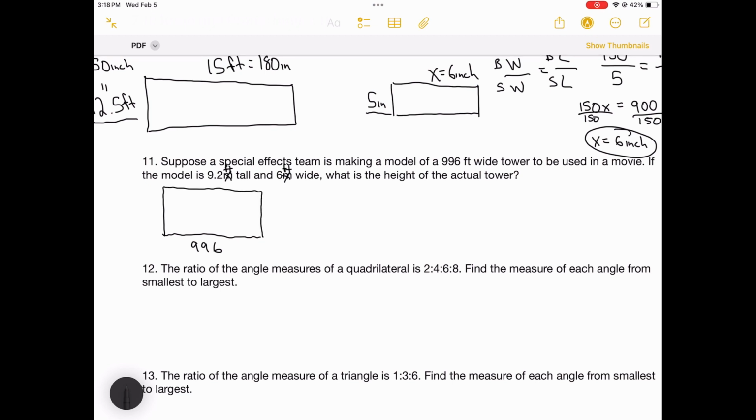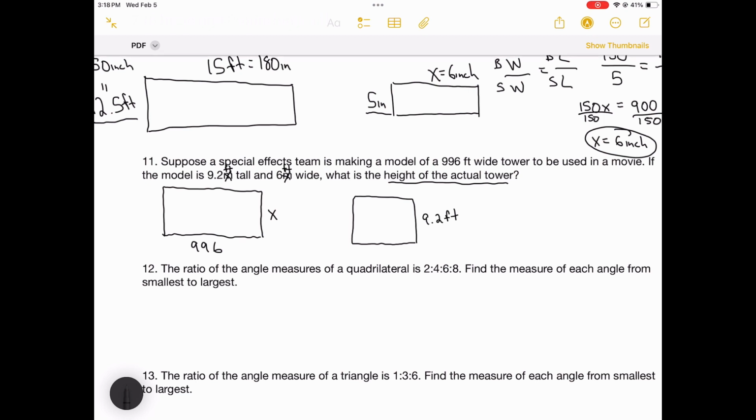And it looks like I don't know the height of the actual tower, okay? So what I'm going to draw this, I guess the smaller one, I will make it smaller. It looks like it is 9.2 feet tall on the model, and it is 6 feet wide.